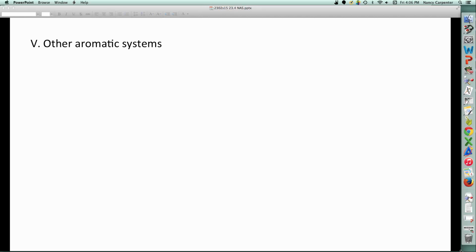So other aromatic systems. Those of you in ITR have already seen other aromatic systems, but let's do a little review as usual. Here is another aromatic system, a naphthalene system. All right, what's the product of bromination under the conditions of light?